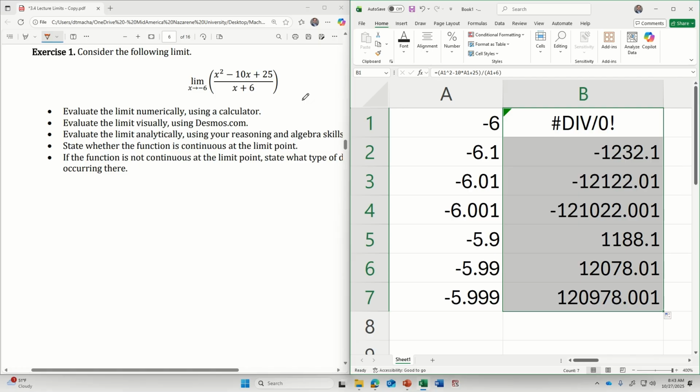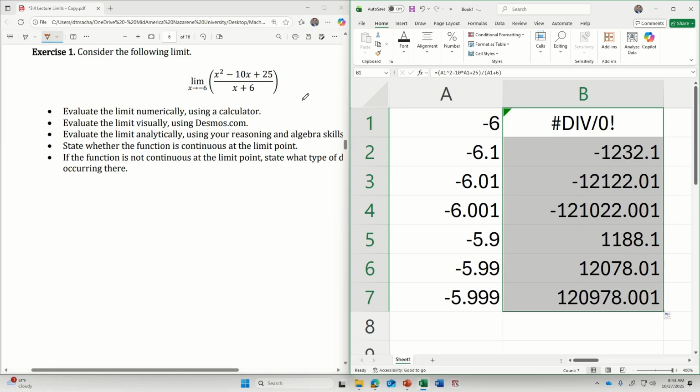Look at what's happening when I approach from the left side. -1200, -12,000, -120,000. Am I approaching like a constant, or am I approaching infinities?